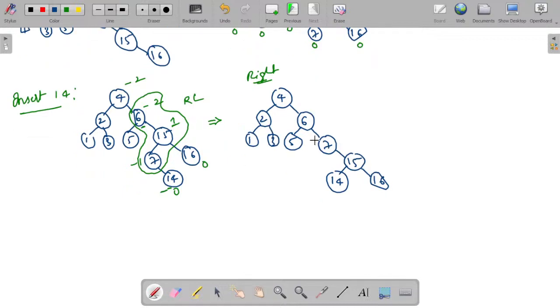Now we should perform a left rotation. The left rotation is performed between 7 and 6.